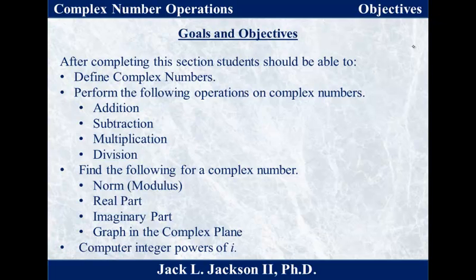Okay, and you should be able to compute integer powers of i. We didn't do any negative powers, but remember a negative power is just a reciprocal, so rewrite as a reciprocal, and then multiply by something by an i if needed to get the denominator to a real number. Okay, so that is an overview of complex number operations.